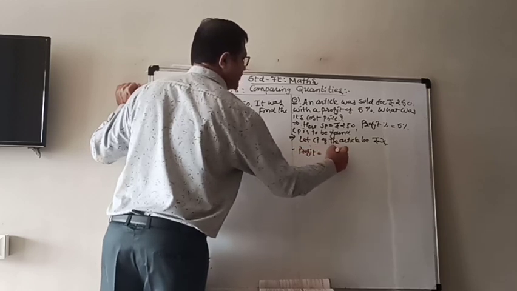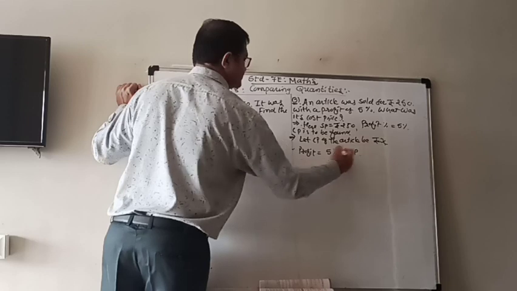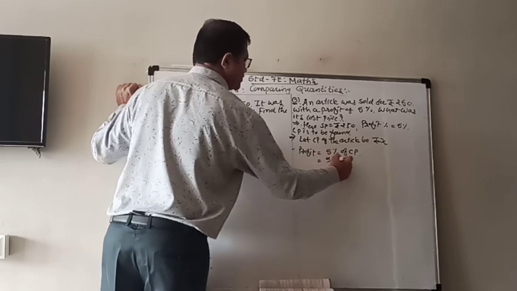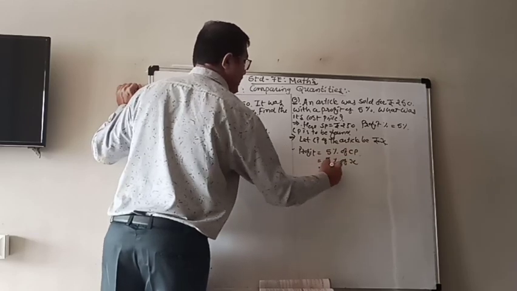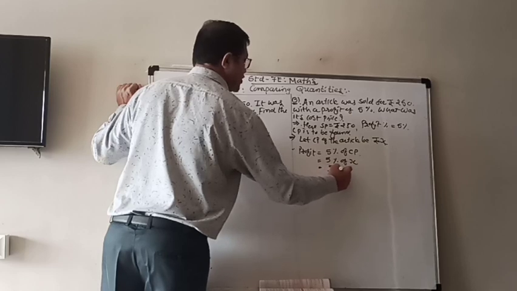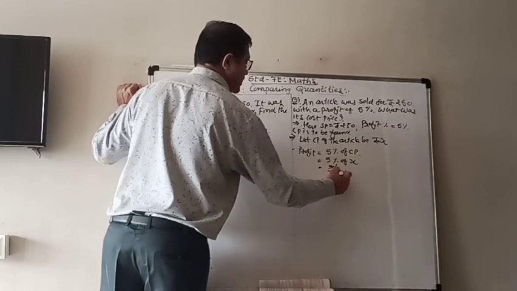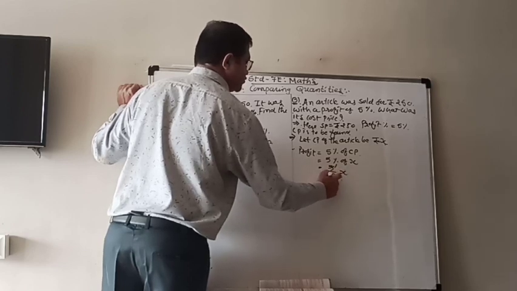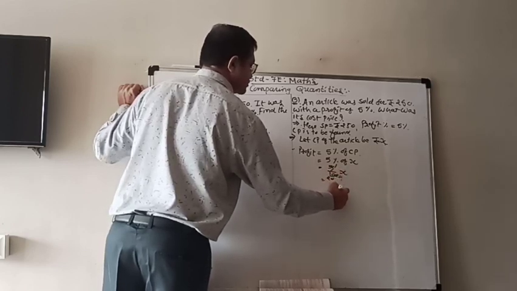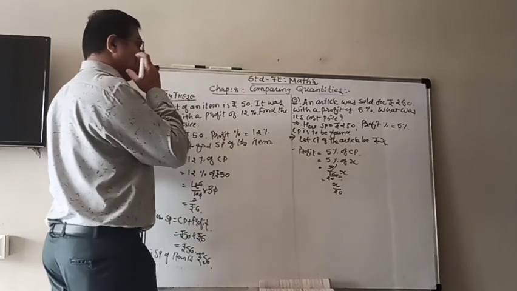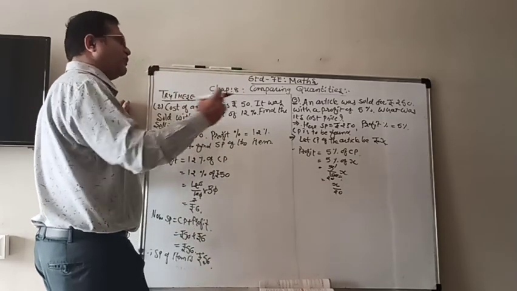Profit is 5% of CP. That is 5% of X, and that is 5 upon 100 X. So that is X upon 20. So profit is rupees X upon 20.